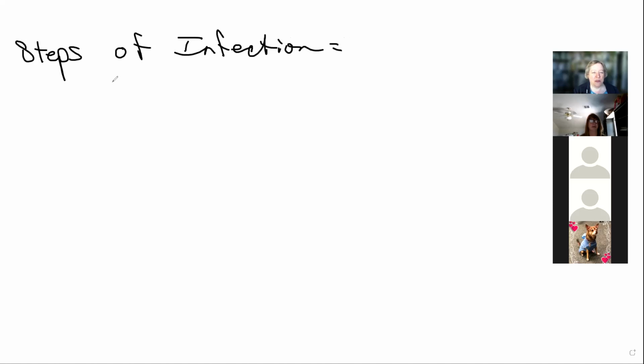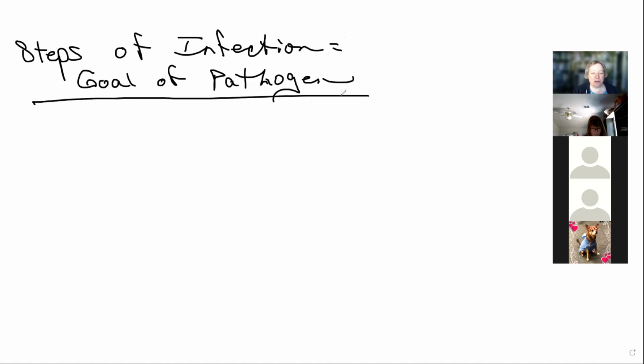You can also think of this as goals of the pathogen. In later chapters, we're going to talk about this whole process from the point of view of our cells, our immune system, so how are we going to fight this pathogen? But for this part, we're going to talk about what the goals of the pathogen are.